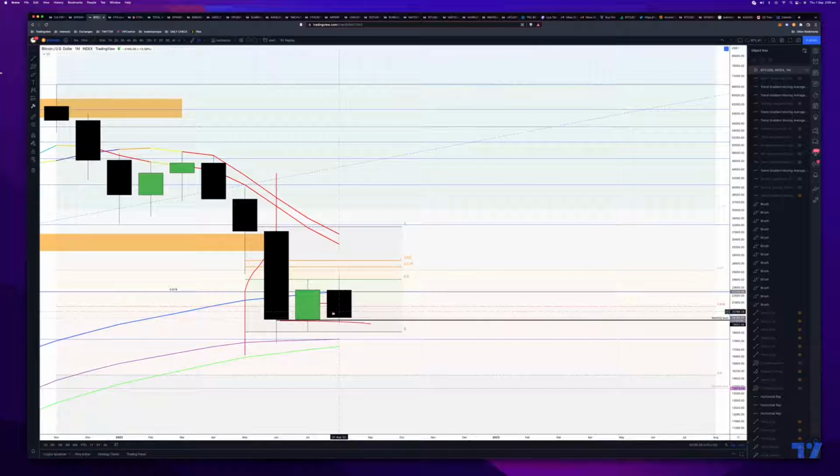So if this closes with a wick on the bottom, or a significant wick, then that's a good sign. Right now, the green had a bit of a wick, this one not so much. So if this closes below the monthly, which is 19,844, that's pretty bearish.